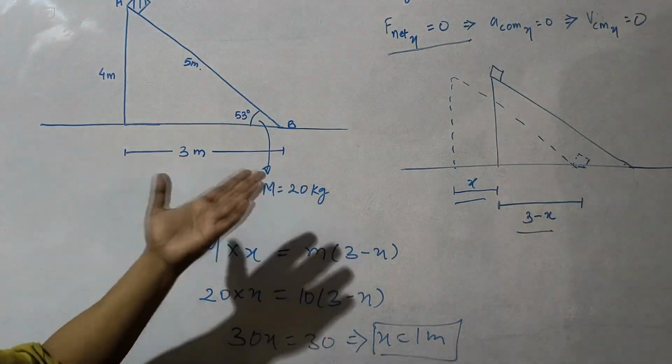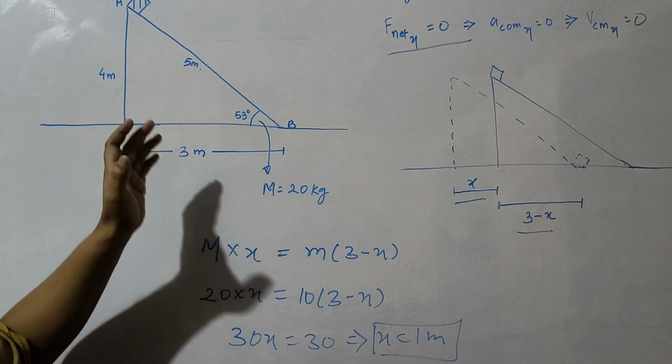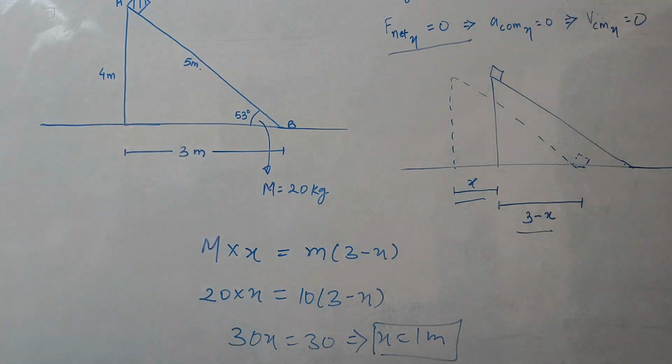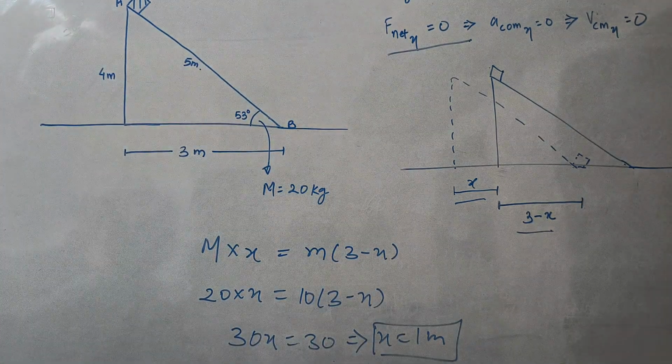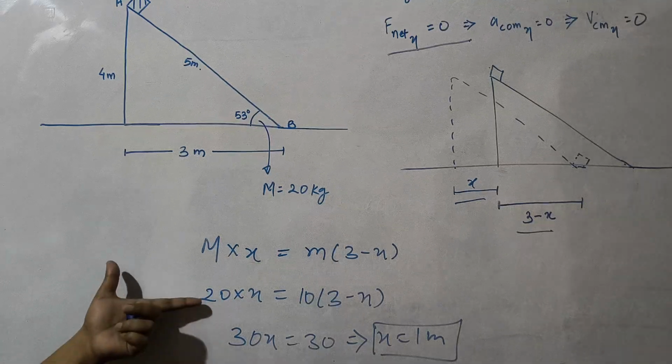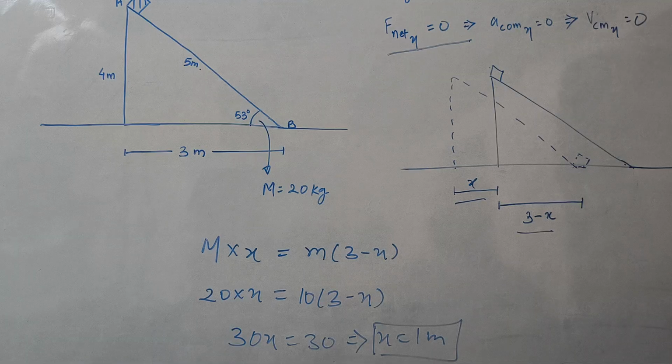Only that direction we will consider for the motion of the center of mass. That's why I have discussed this question, only because of these conditions. Now I hope you have a good understanding of these situations. Let's move to our last question.